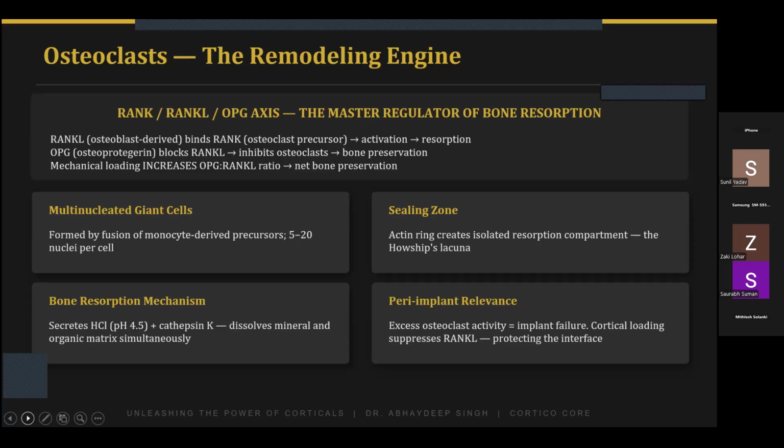Now, imagine you are going inside that bone where the bone has just started to settle down. The osteoblastic activity has just started, and you then again go ahead and do the osteotomy and you place the implant, and then you again trigger that osteoclastic activity. While the bone is forming, you are again triggering bone resorption activity. Do you think that kind of stimulus to the bone would end up in implant success?